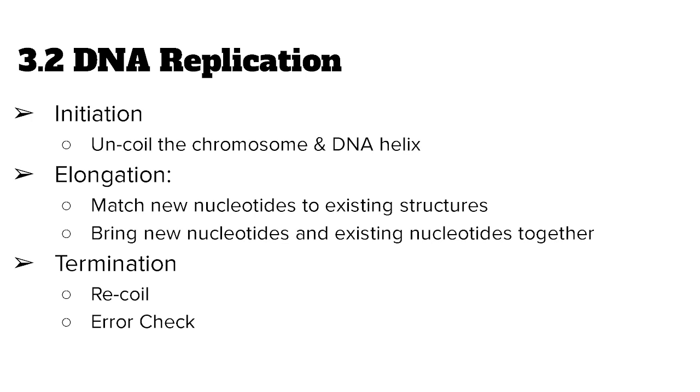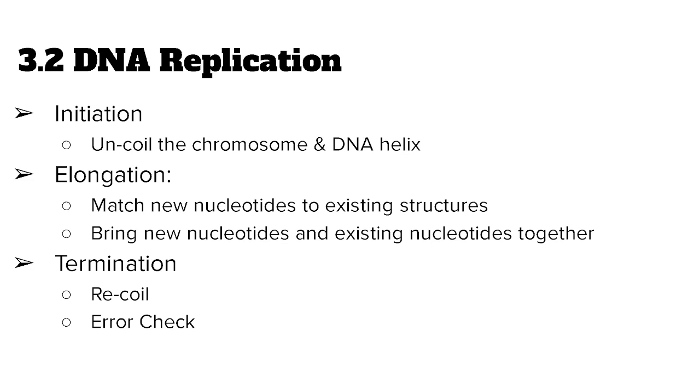So then something called polymerase is going to come in and match new nucleotides to the existing strands. In your textbook, there was a great animation of this if you watched it. If you didn't, I encourage you to go back and watch it. Very useful. But new nucleotides are brought in, matching with those old nucleotides. Adenine to thymine, cytosine to guanine. All right? And then termination is where it's coiled back up, and there's also some error checking that goes on.